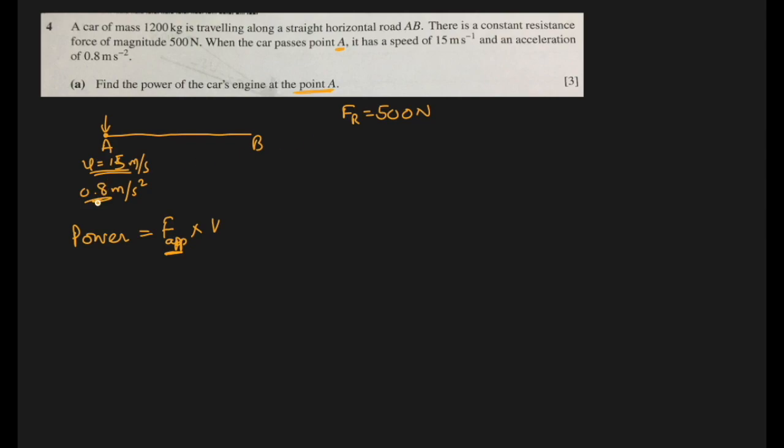Now, since acceleration is known, we can use the formula we used earlier. F net is equal to ma, which is the forward force or applied force minus the resistive force, right? M is known to us, which is 1200. Acceleration is also known to us, 0.8.